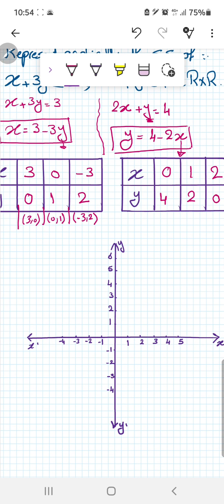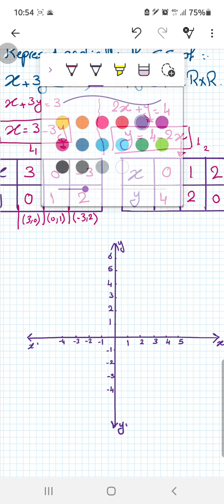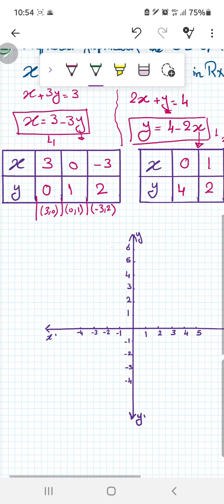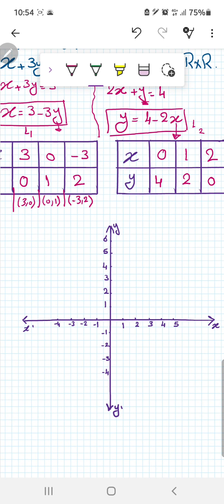Then draw the two straight lines. Okay? Here we have L1 and here L2. Here the first point 3 and 0, so it belongs to the x-axis here. 0 and 1, 0 here in x and 1 in y, it will be here.